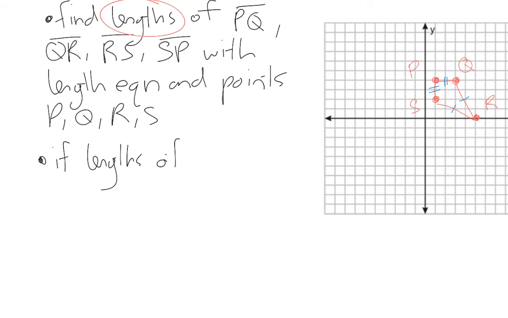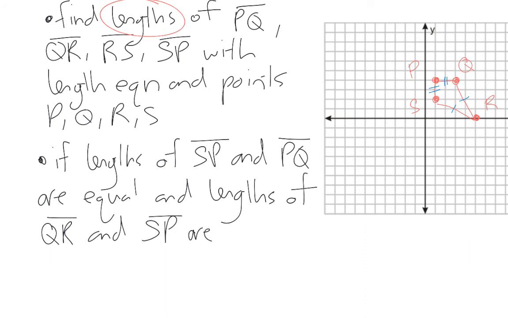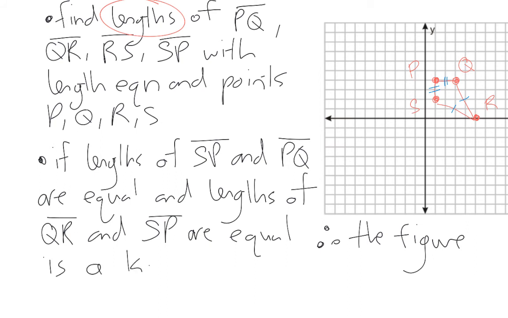If lengths of line segment SP and PQ are equal, and lengths of line segment QR and line segment SP are equal, therefore the figure is a kite, because remember, adjacent sides have to have the same length.